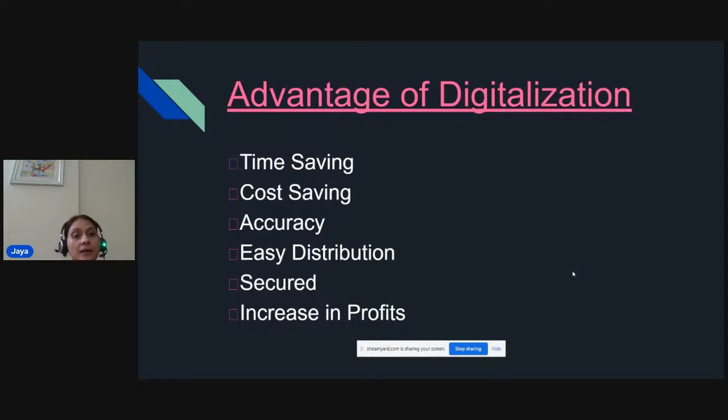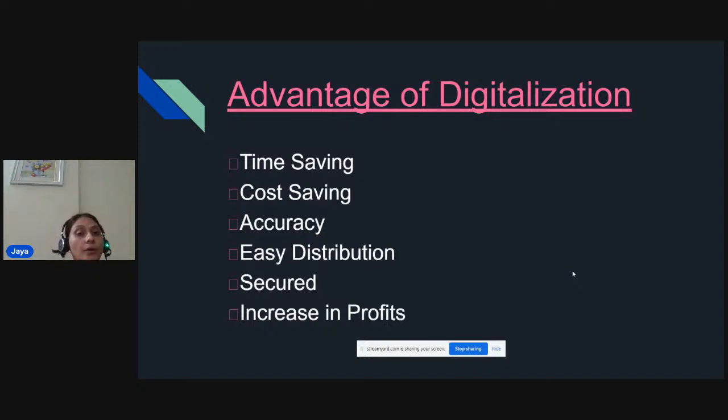Then it comes to accuracy, hand in hand, the easy distribution when you are trying to distribute the information about your brand or your product, or trying to make people understand what your company is all about. All the documents are secure, which I have explained in the previous slides, where your documents are really saved when you're keeping them on an online platform.